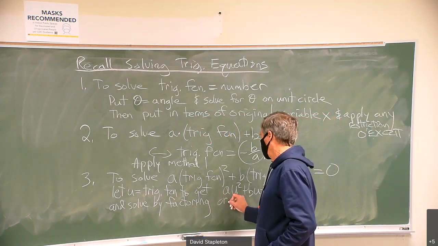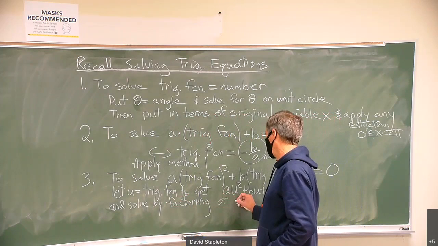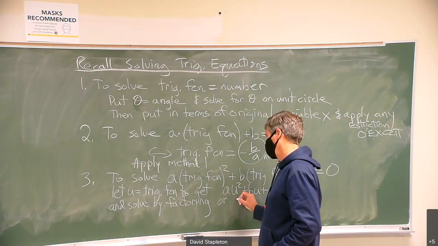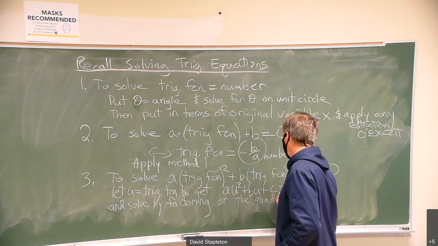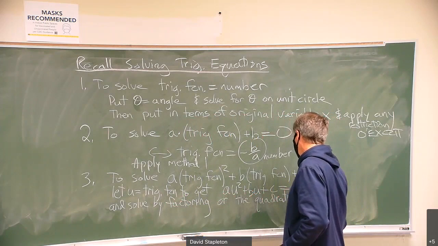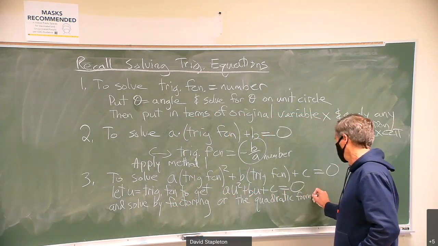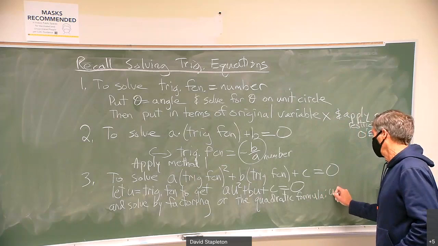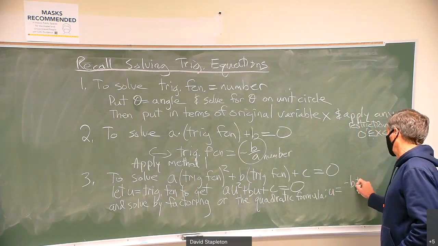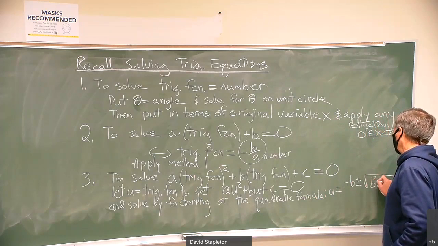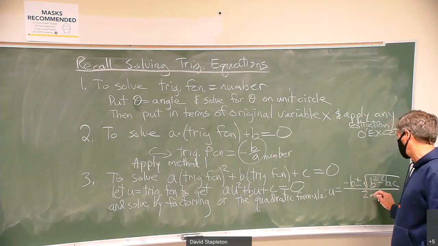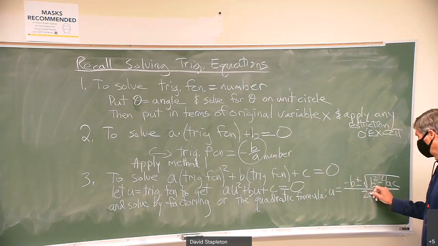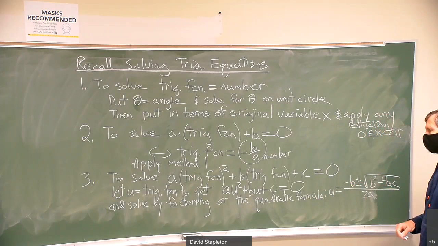In that case, if you can't figure out how to factor it, you apply the quadratic formula, which you have to memorize for the test because it'll be on there. I'll list it again: u equals minus b plus or minus square root b squared minus 4ac over 2a. You can also complete the square, which is equivalent to applying the quadratic formula. This takes longer. We didn't do that. Easier to use the quadratic formula.